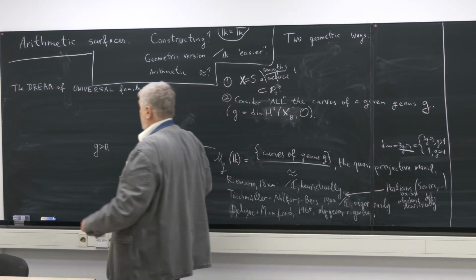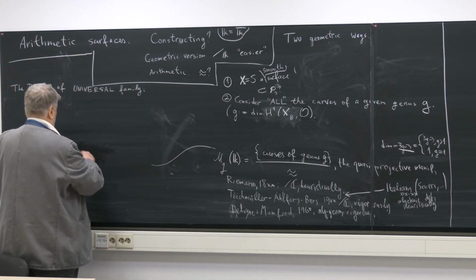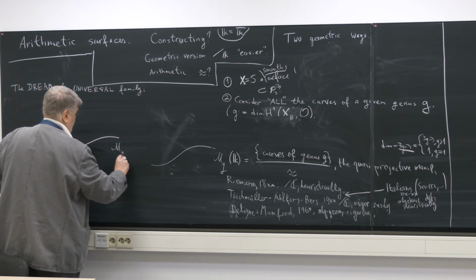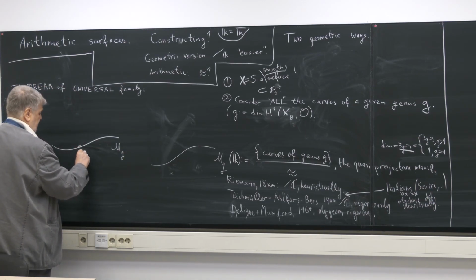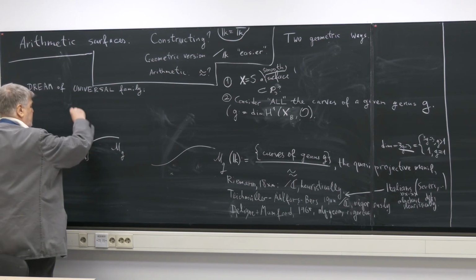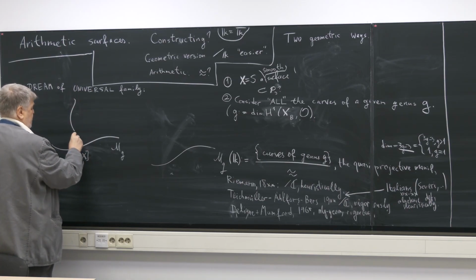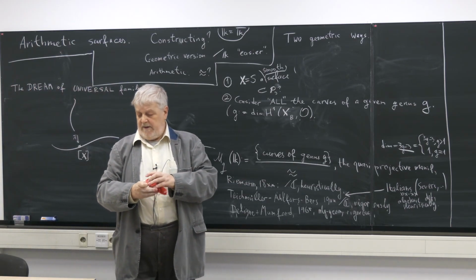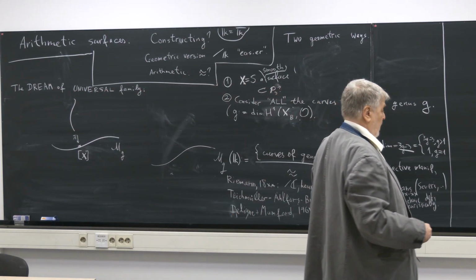So, if it would exist, look what it would be. Here is the moduli space. Here we have a class of some curve X, and we'd like to see this curve together with the projection. Well, I think we did not assume that the global dimension of our families is always 2.